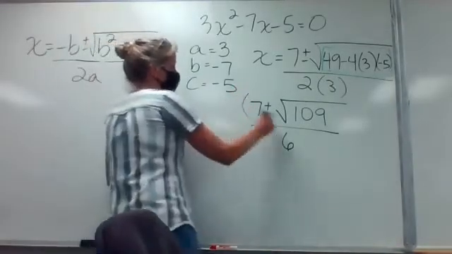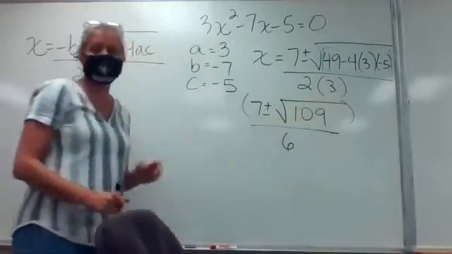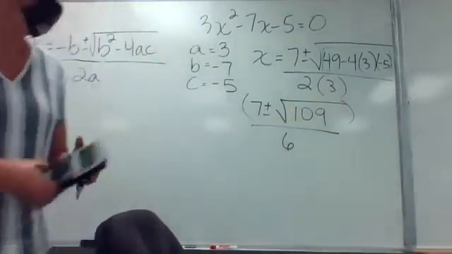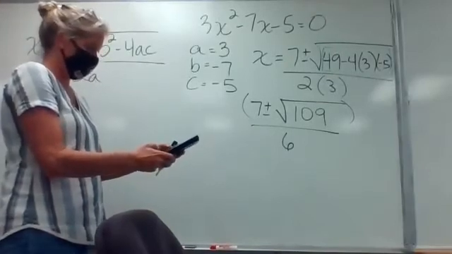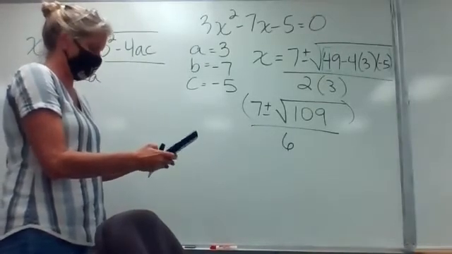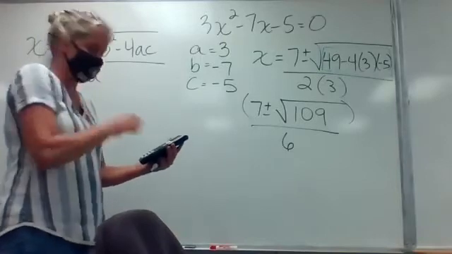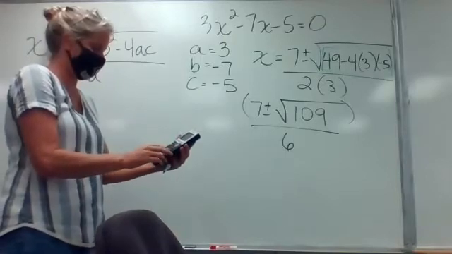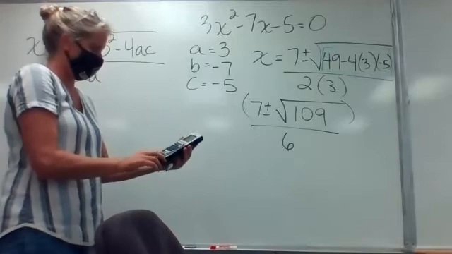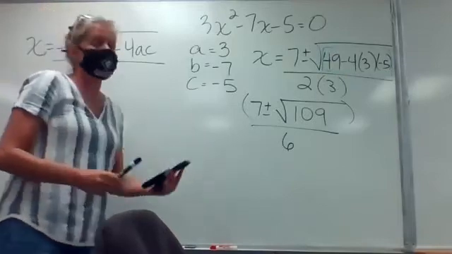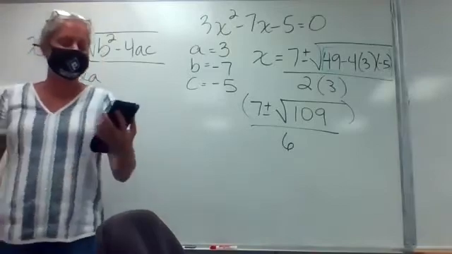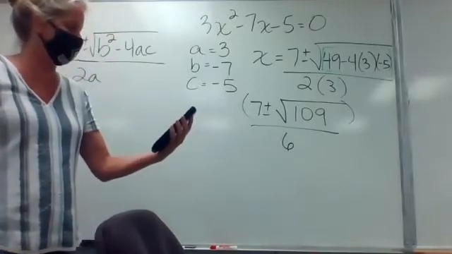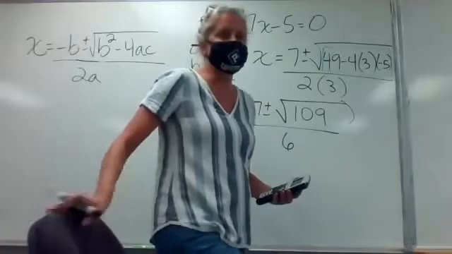Let's see if I type in. Remember to put parentheses around your numerator. So open 7 plus square root 109. Hit your right arrow to get out of your square root. Close it. Divided by 6. Okay, this time, did I have to round up after when I went to my third decimal? I got 2.9067.